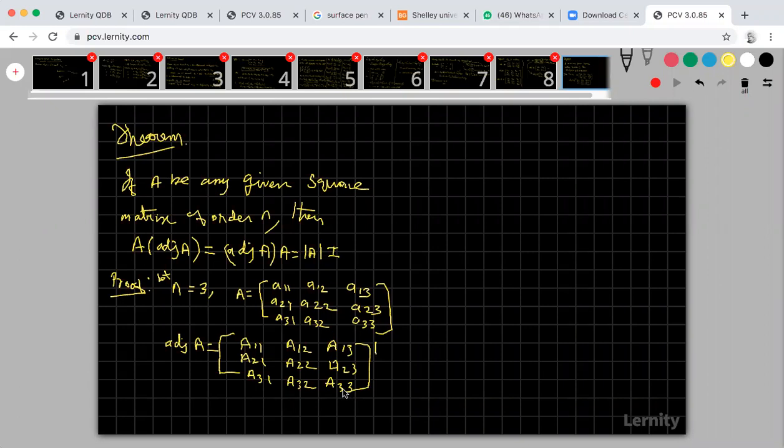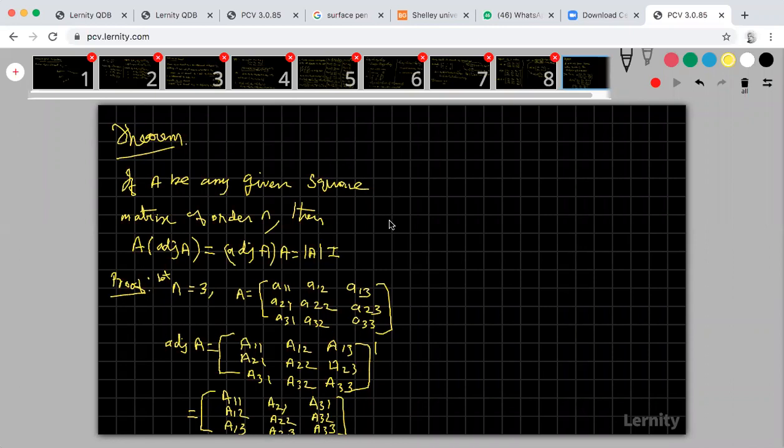Don't forget this transpose, that is important. So adjoint of A is equal to this, taking the transpose, writing all the rows as columns. You please make it correctly. So this is my adjoint of A.